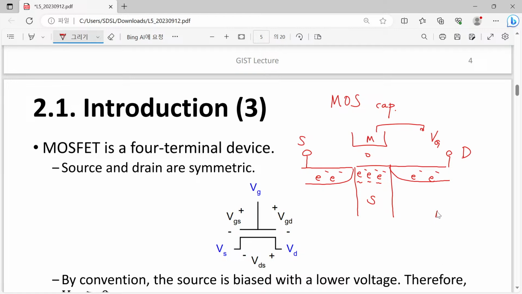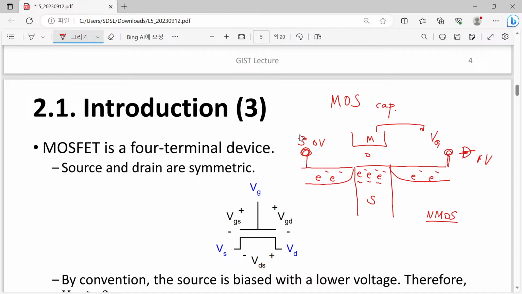In the case of a MOSFET, the contact which has the lower voltage relative to the other one takes the role of source. For example, if I apply 0 volt and 1 volt, then obviously this takes the role of source and this takes the role of drain.